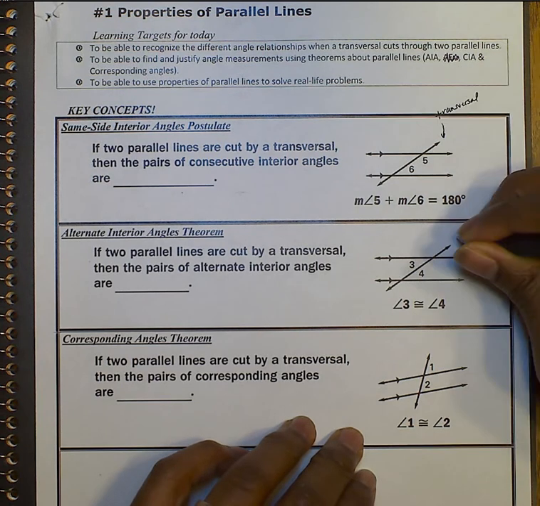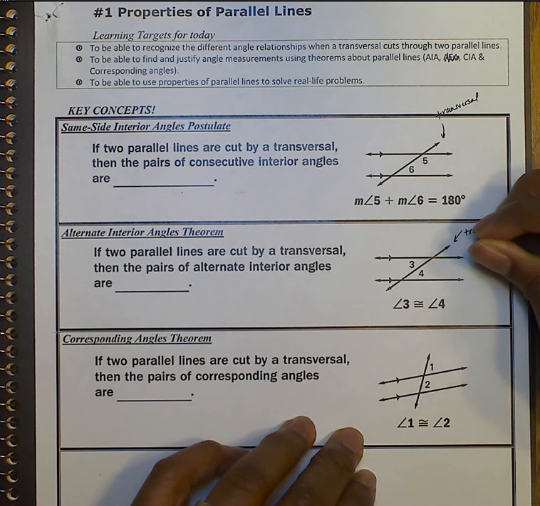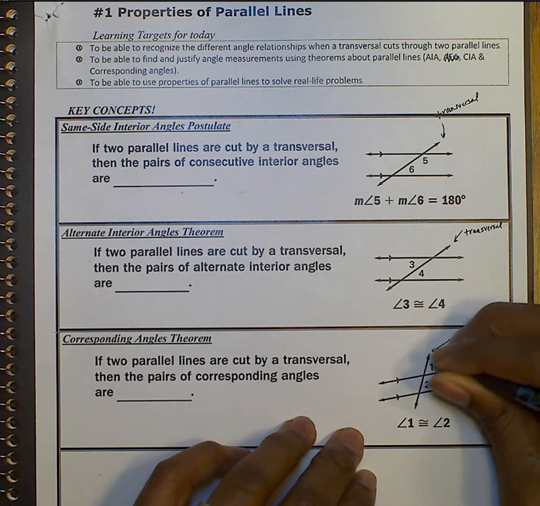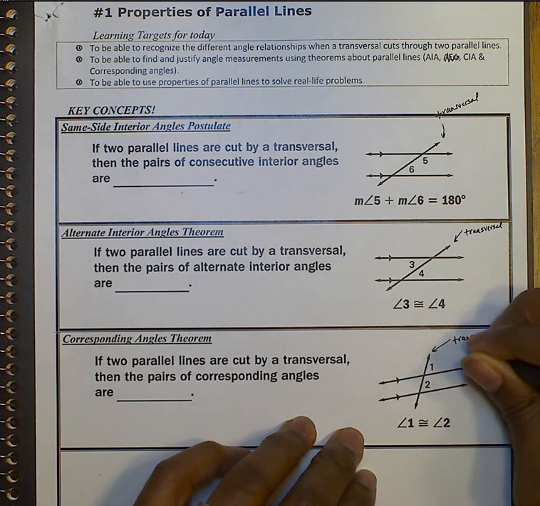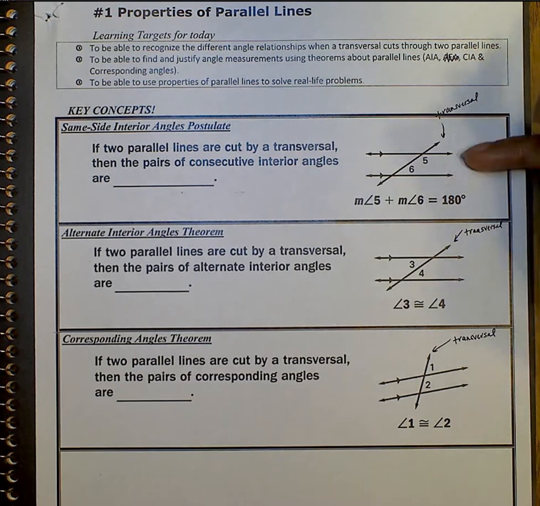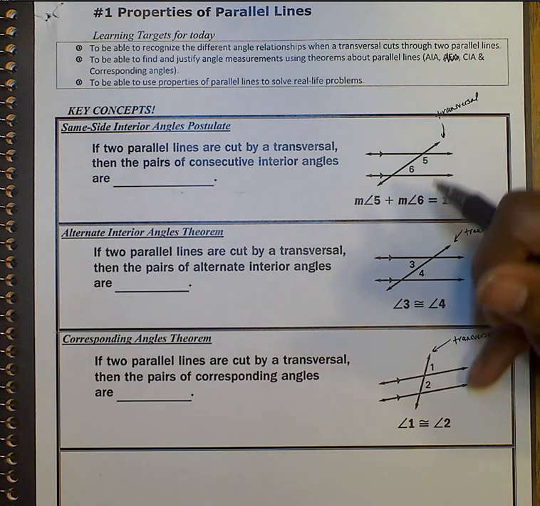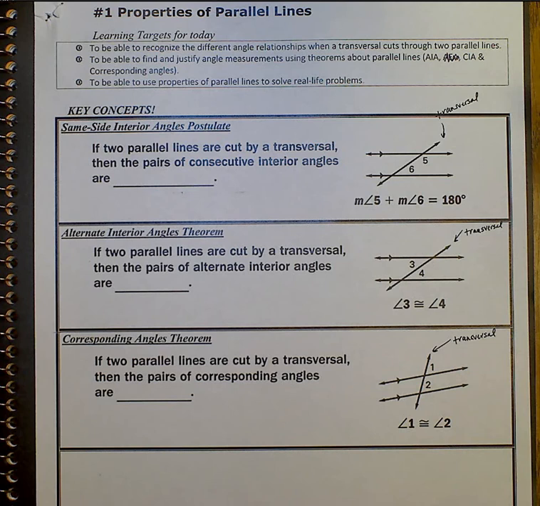Here's the transversal as well. And here's the transversal. Okay, notice in all these diagrams that the transversal intersects the parallel lines. Now it doesn't have to intersect the parallel lines, but a transversal does intersect two other lines.